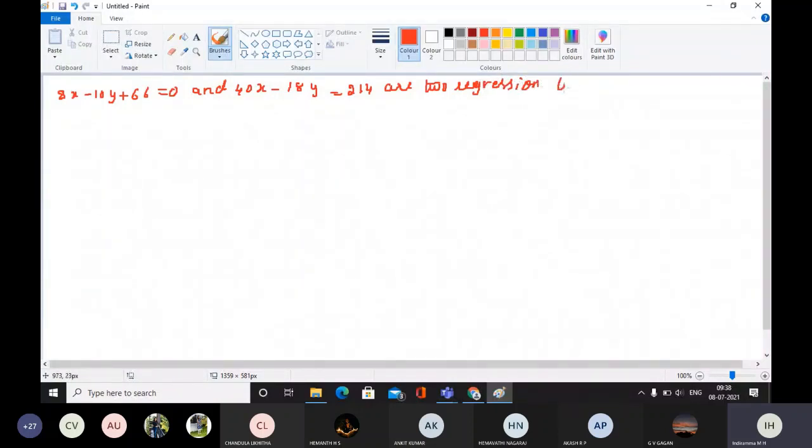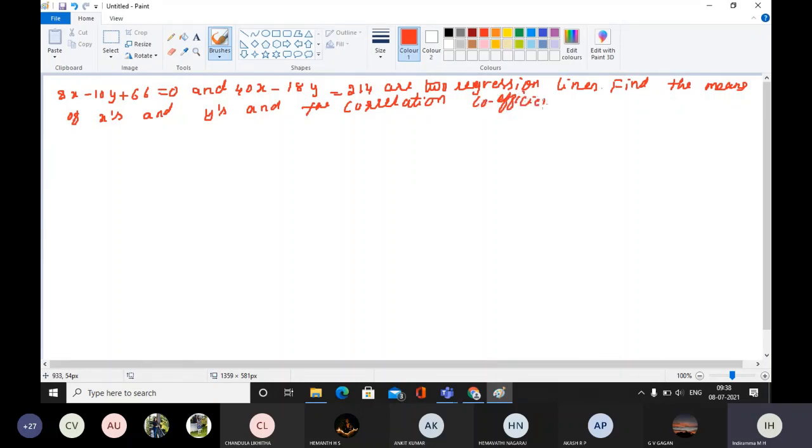Find the means of x and y and the correlation coefficient. Find sigma y if sigma x equal to 3.